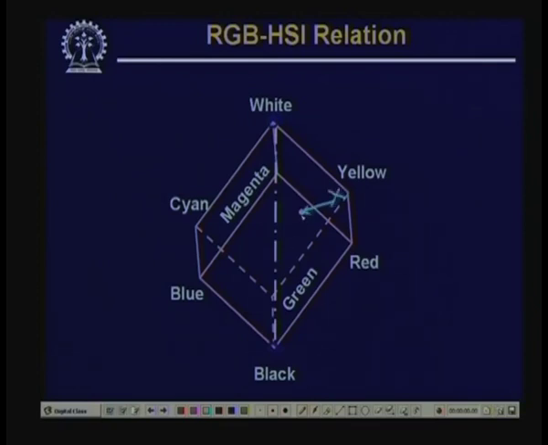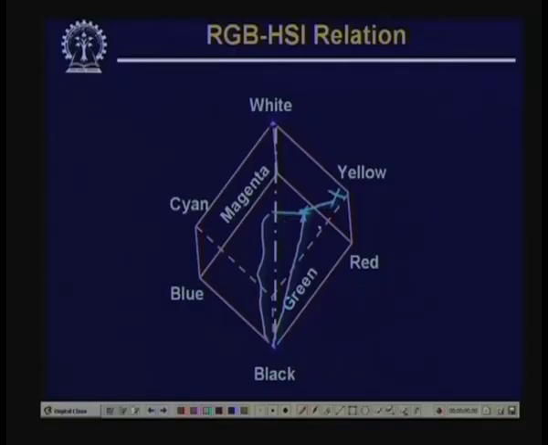I can represent this point as a vector joining black to this point, and the intensity component associated with this RGB value is nothing but the projection of this vector on the intensity axis. The length of this projection tells us the intensity component associated with this RGB color point.